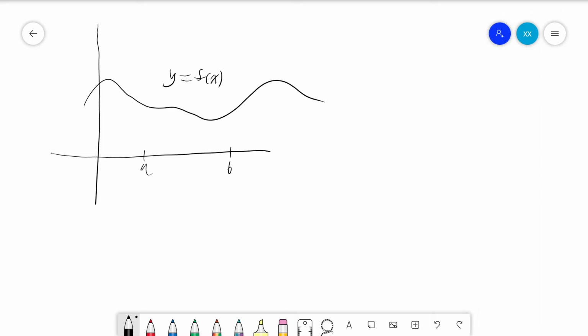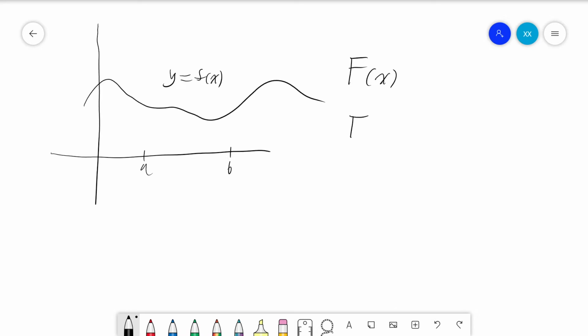To do that, what we will first do is define another function, big F of x. And what this function will do is give the area under the curve y equals f of x from 0 to x.